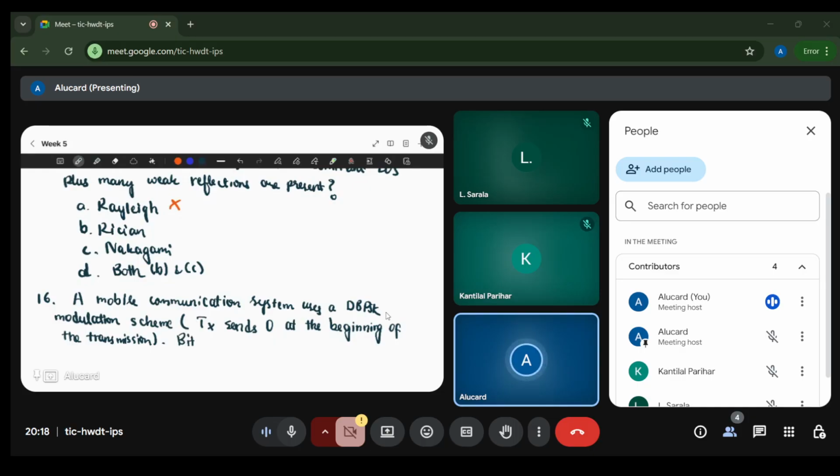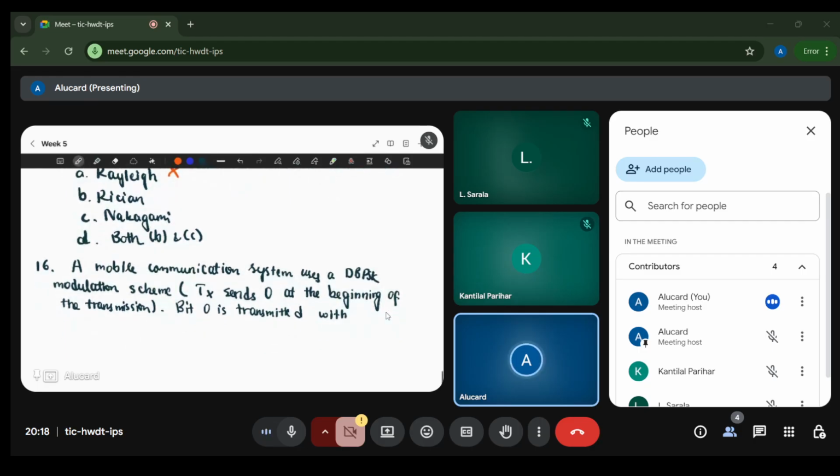Bit zero is transmitted with phase zero, so we're assuming zero is the plus component, plus A, and bit 1 is transmitted with phase pi, so it's minus A.